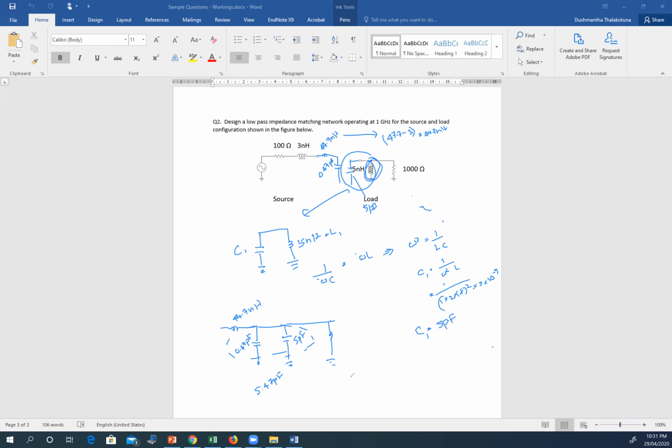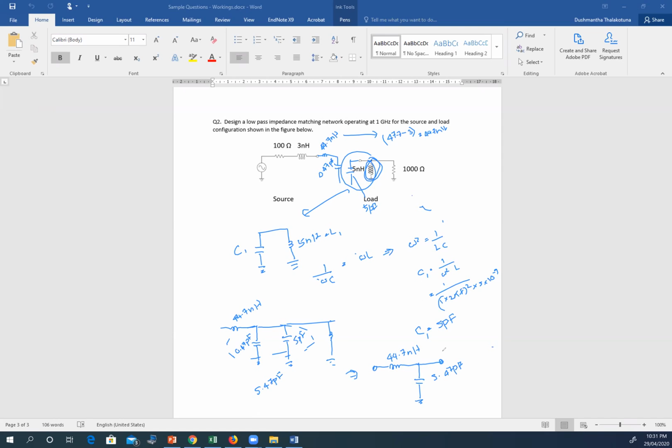So your final matching circuit will look like an inductance of 44.7 nanohenry and a capacitor connected to the ground, which has a value of 5.47 picofarad. So that would be the final matching circuit. That's how we work that out.